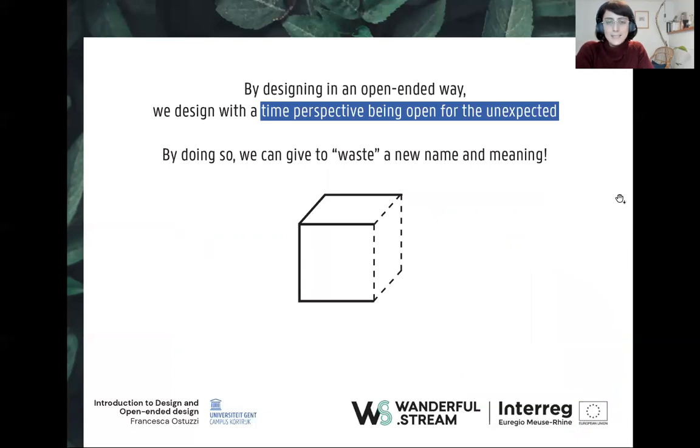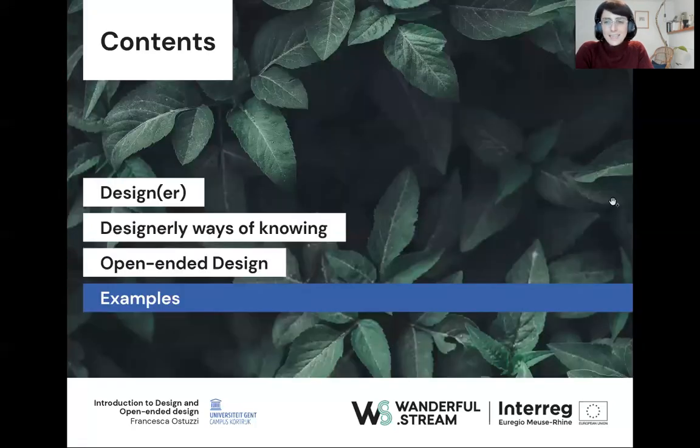So by designing in an open-ended way, we design with a time perspective, and we design being open to the fact that unexpected things will happen. By doing so, we can give waste a new name and meaning. But let me give you some examples, because this last part was probably a bit theoretical.